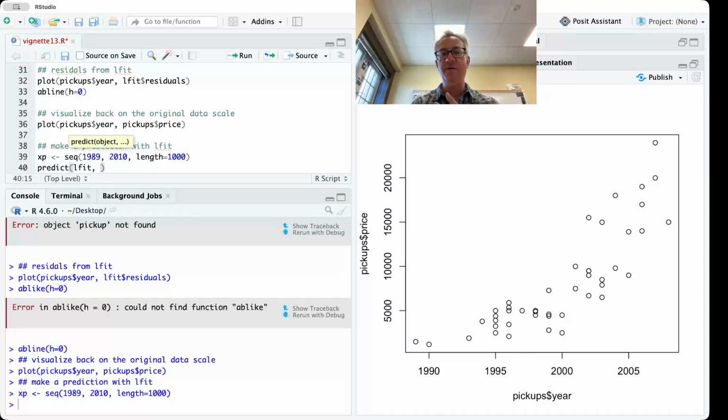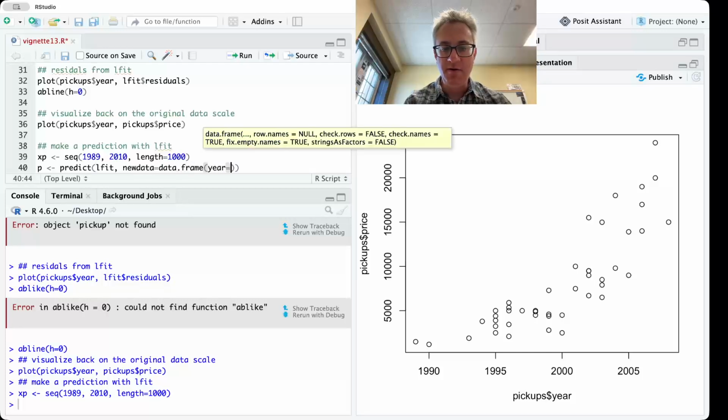I'm using LFIT because I like that better. I like to call this P or sometimes LP. And then I need to give it new data, a new data argument. And you want to give it X, but you want it to tell R that you're using years. So you do data frame year equals XP.